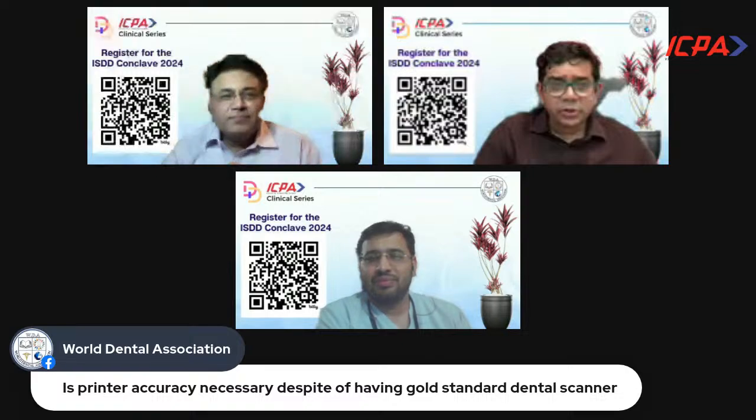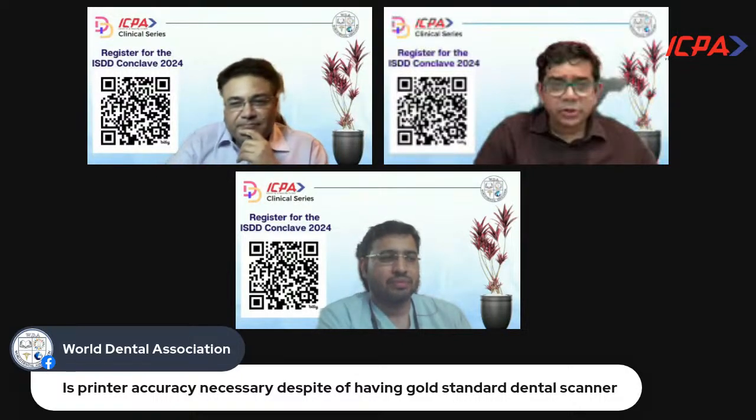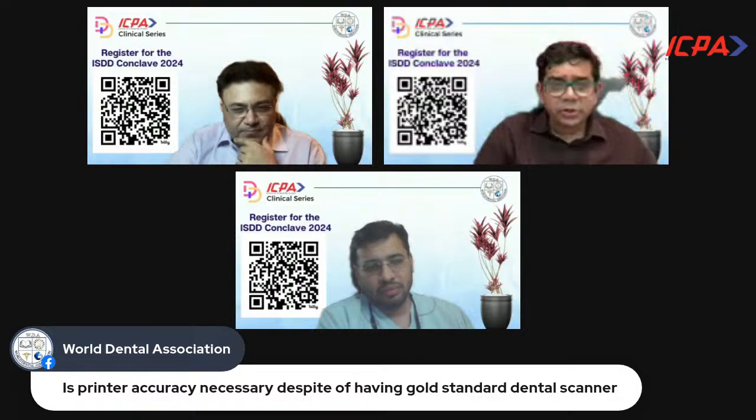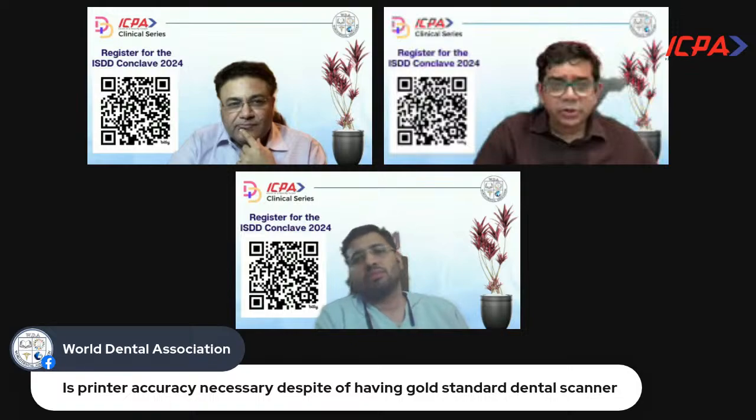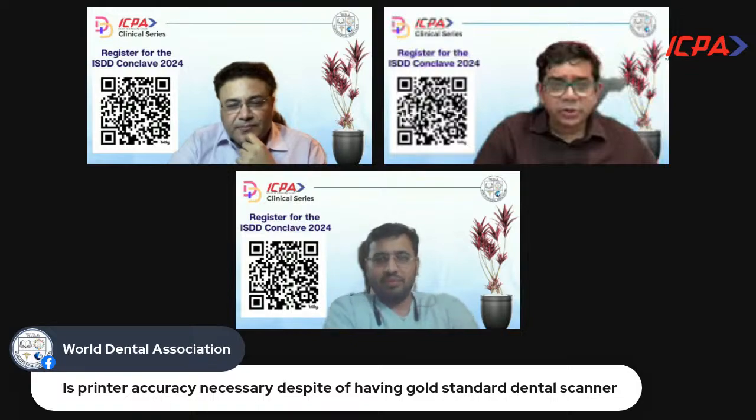Whatever accuracy the rubber-based material is giving you, the plaster is going to just overrule it. Similarly, if you don't have good printers or good printing materials, not only the printers but the printing materials, your accuracy is going to get hampered. I'm sure about it. Like a great painting or great artwork in a very, very average looking frame. Absolutely right.